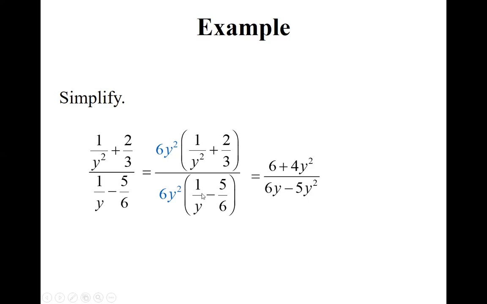And then 6y squared times 5 is 30y squared, divided by 6 is 5y squared in the bottom right. And that one is minus. And that's it. It's simplified. We can factor a y out of the bottom, but that doesn't give us anything that cancels, so there's no reason to.